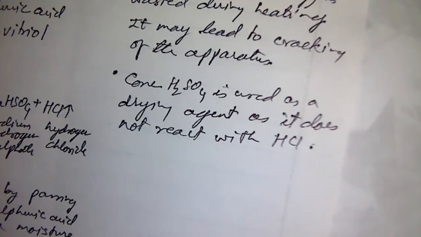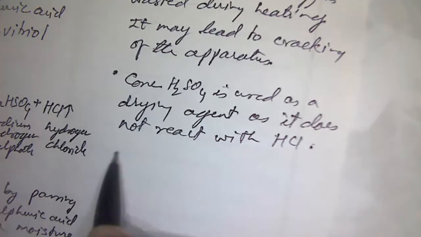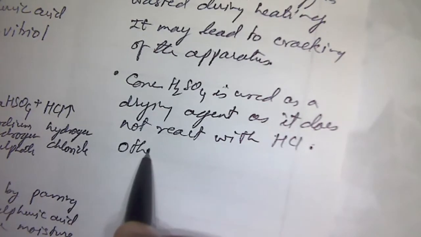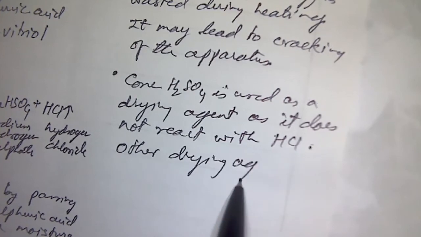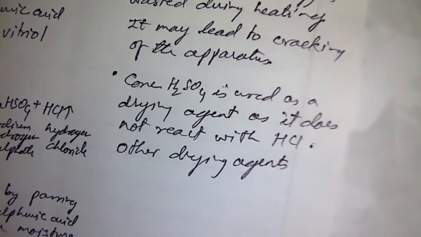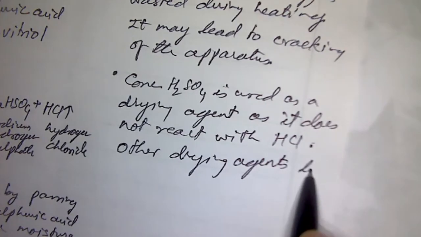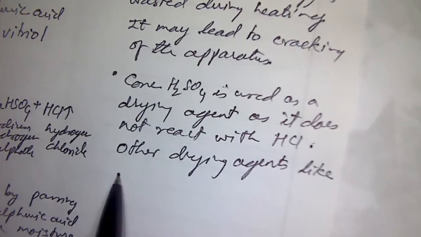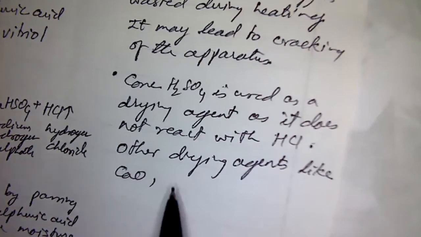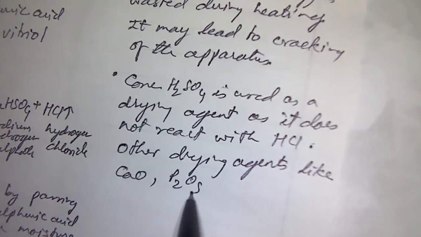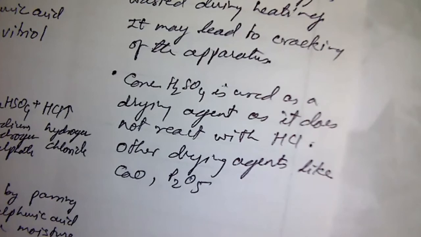But there are other drying agents also. This is not the only drying agent. There are other drying agents, but we don't use those things. Clear? So other drying agents like CaO, calcium oxide, is a drying agent. P2O5, that is also a drying agent. Clear?